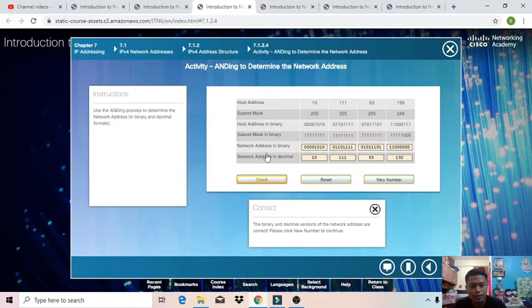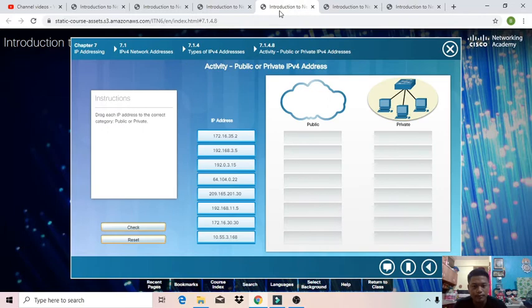So let's proceed to the next activity entitled Public or Private IPv4 Address. The instruction is drag each IP address to the correct category, private or public.